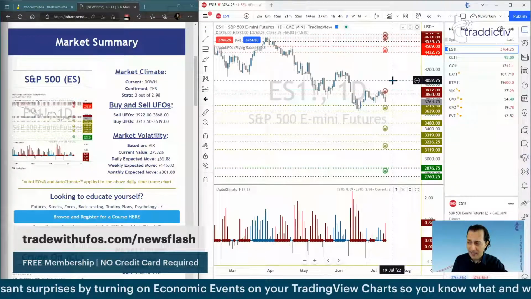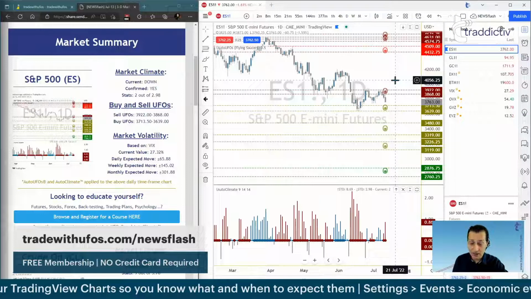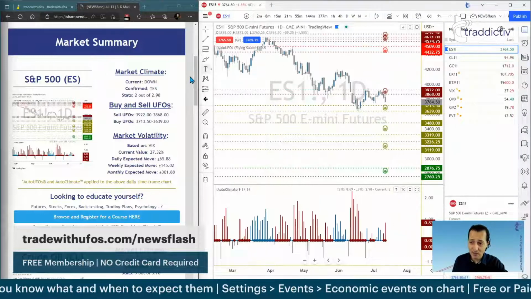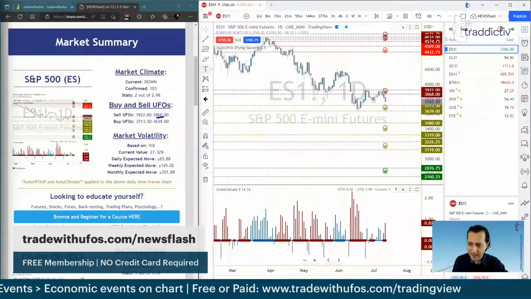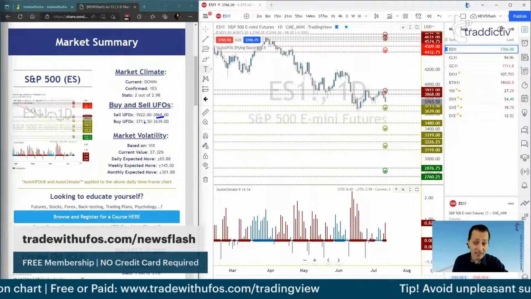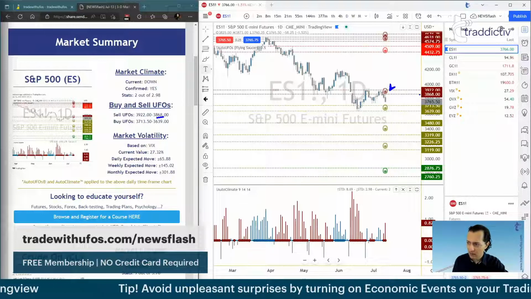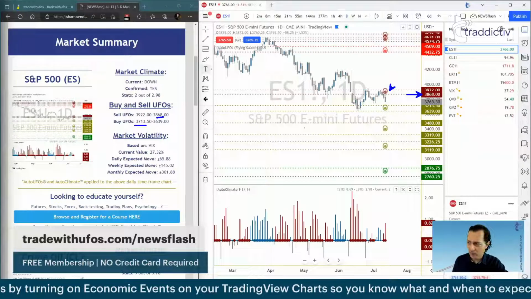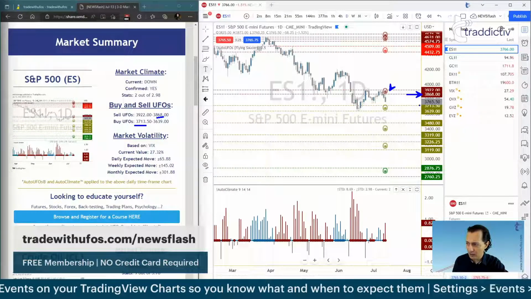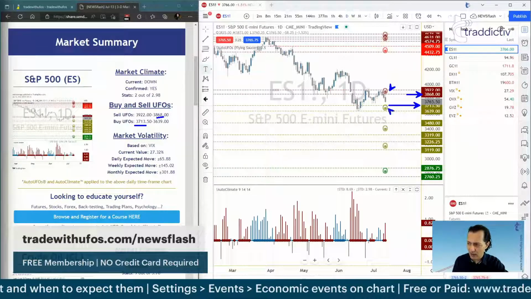Of course, the S&P is falling because the climate is down, but also because we have sell orders on the field located at 38.68. That's our sell UFO, the red UFO on the screen right here. And then we have buy orders at 37.13.5, right here. We have our green UFO.